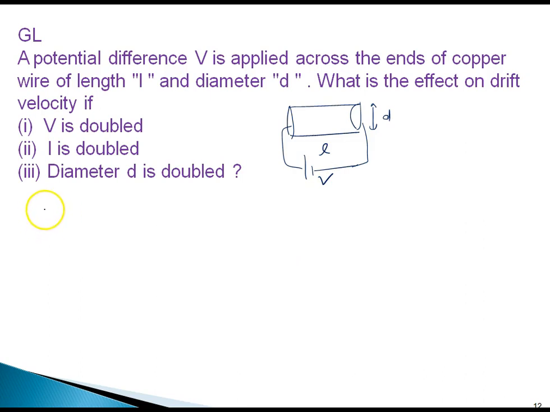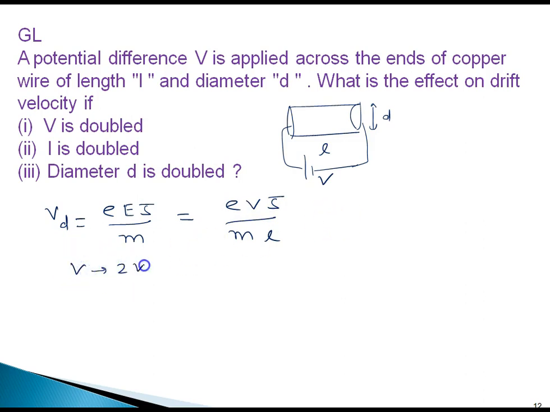Firstly, we write the formula of the drift velocity. And what is E? V by L. E is V by L. Now when I double the voltage, I hope it is visible to all of you, drift velocity will also double. So when voltage doubles, drift velocity also doubles.